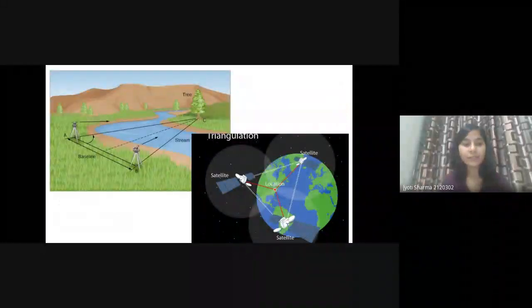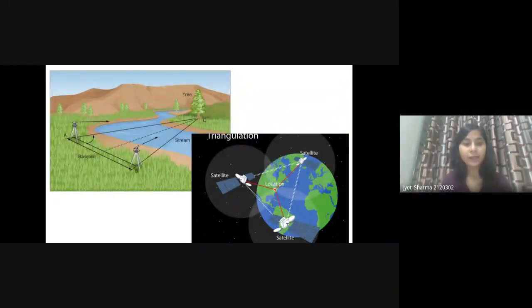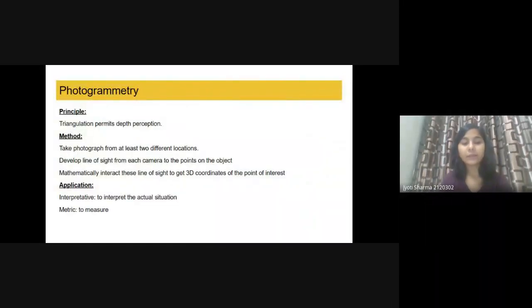These are the lines of sight: A to C, the tree, and B to C. You also have the angle at which you are seeing this tree, and then mathematically you calculate the 3D coordinates of that point of interest. This is the triangulation principle under photogrammetry.